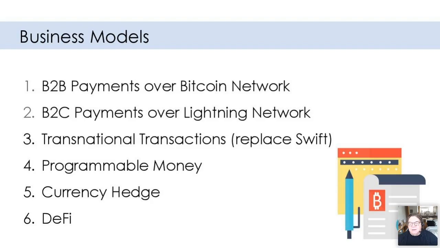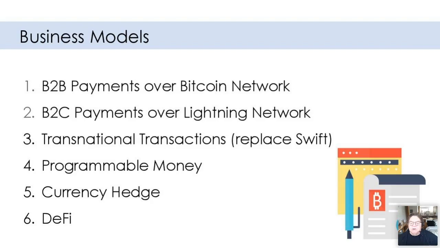Programmable money is, I think, the most interesting one. You can build infrastructure where you have software that does X, Y, and Z, and also includes payments by integrating that software with Bitcoin and or Lightning. That's never been easily possible before, and now it suddenly is incredibly easy.